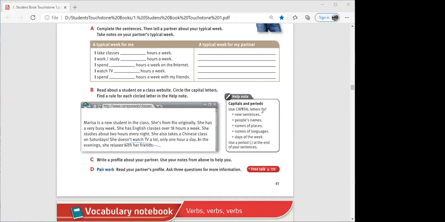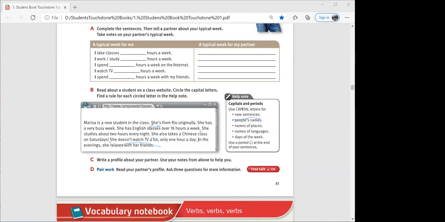Use capital letters for new sentences. Like when you begin here. New sentence, new sentence. Here another new sentence, because you have a period here.